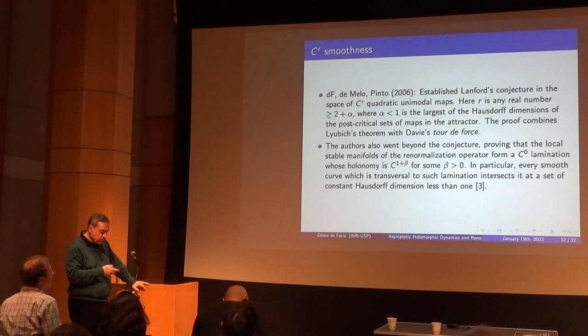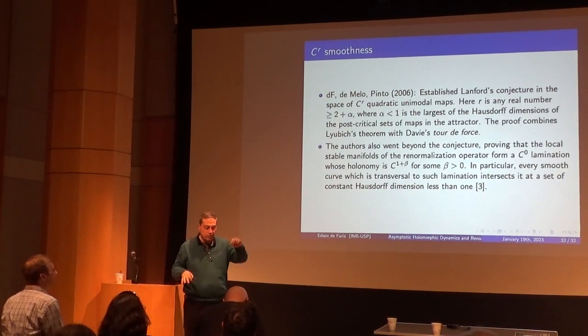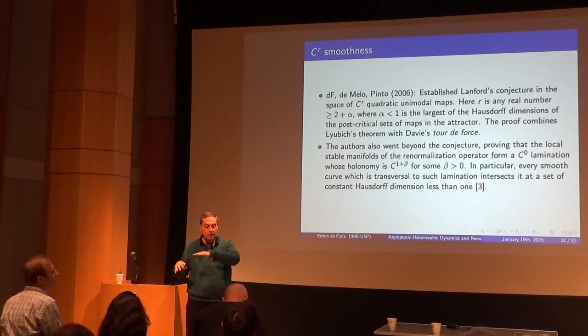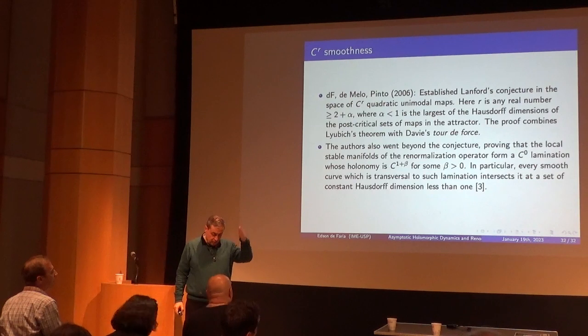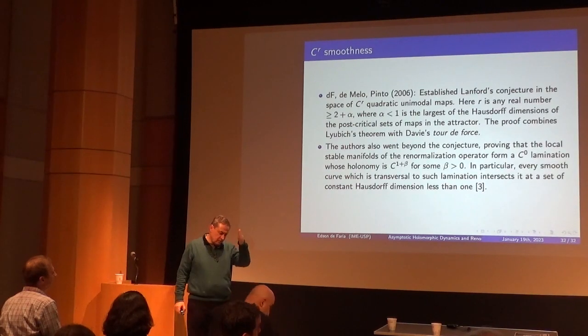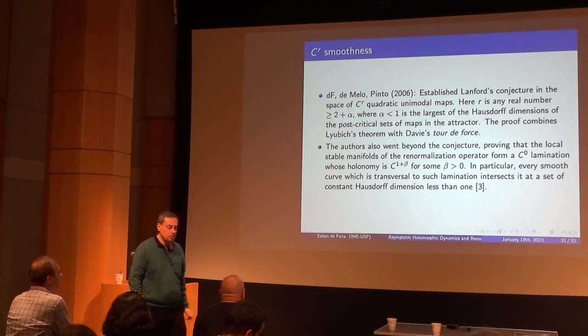But we went a little bit beyond the conjecture, because we also show this operator has this attractor, the points in the attractor have these stable manifolds, and we show that they are actual manifolds in the C^r world. And they form a lamination, and transversally to this lamination, if you take a typical transversal, you get a one-parameter family of maps.